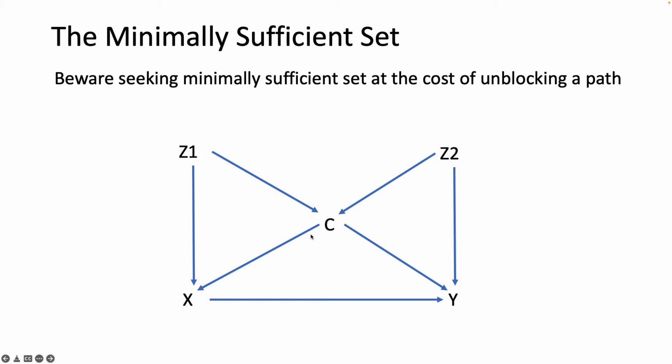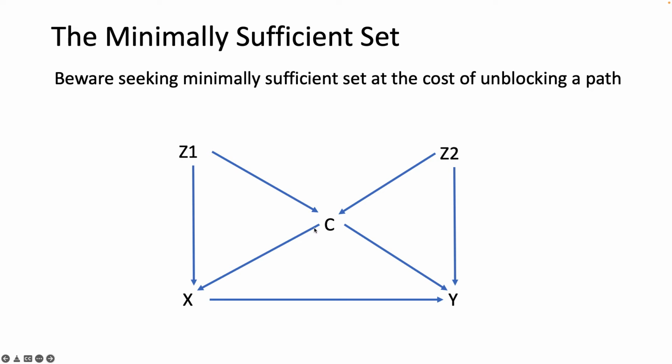I showed it before, where here we have a few confounding paths between X and Y. And it might look like C makes a good minimally sufficient set, because if we control C, all of a sudden Z1 is related to X, but the path to Y is blocked, and Z2 is related to Y, but the path to X is blocked, and C is controlled. So we'd say, nice, that's a good minimally sufficient set.